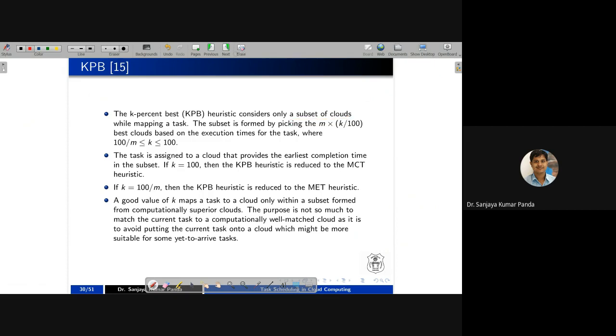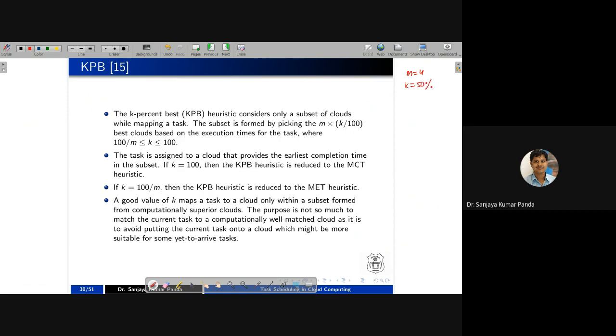Now, how to form this subset? The subset is formed by picking the M into K by 100 best clouds based upon the execution time for the task, where 100 by M is less than or equal to K, less than or equal to 100. Let us consider M is equal to 4, we have 4 machines, and let's say K is equal to 50%.